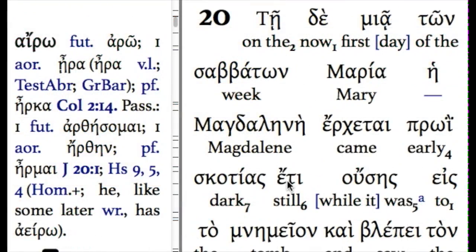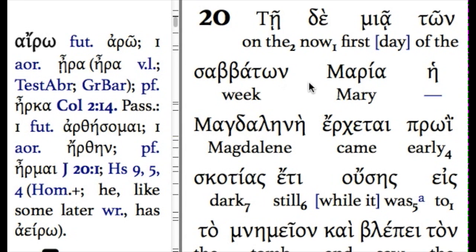Okay, to the wild, the best place to encounter the verbs. And I want to show you how we will recognize clues here. So here we are in John 20, and go ahead and read with me if you can. Te de mia ton sabbaton.